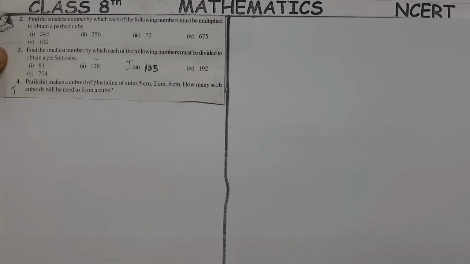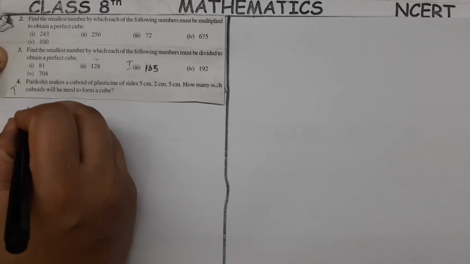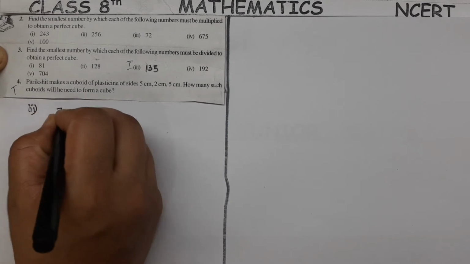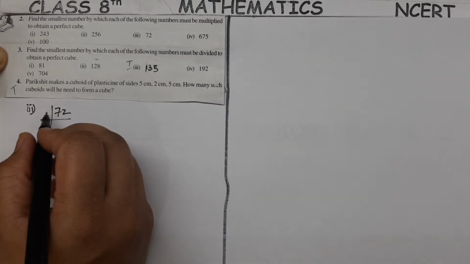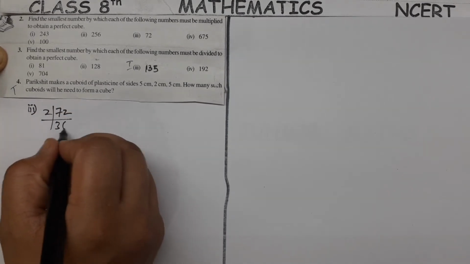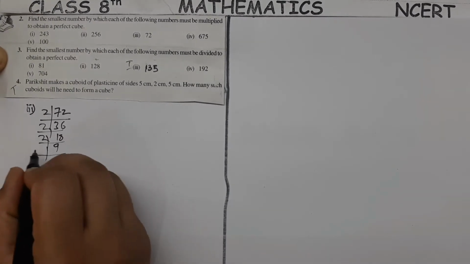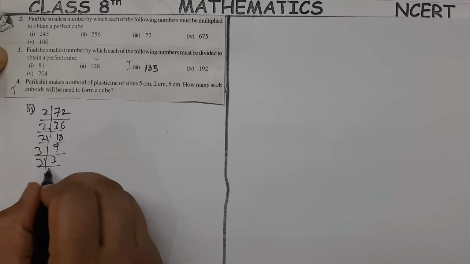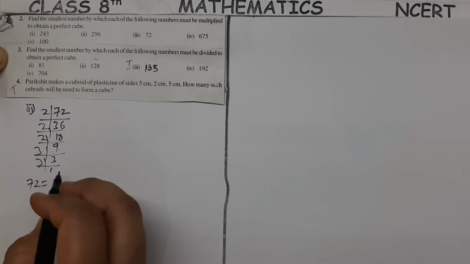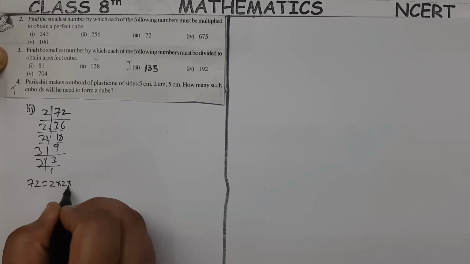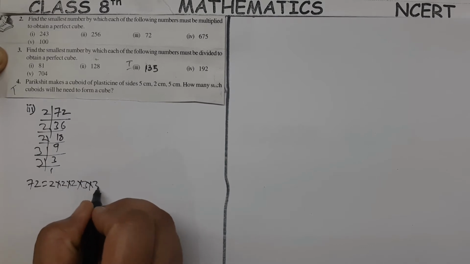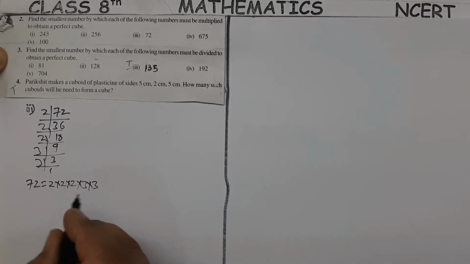Next, part third, 72 prime factors. We can write it as 3 times 2, 2 times 3. 3 is not in a triplet.